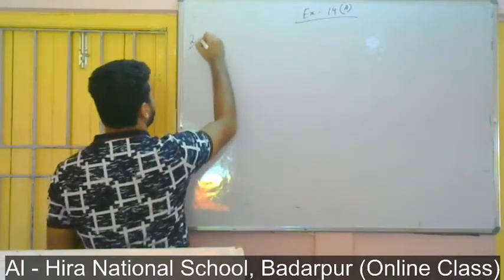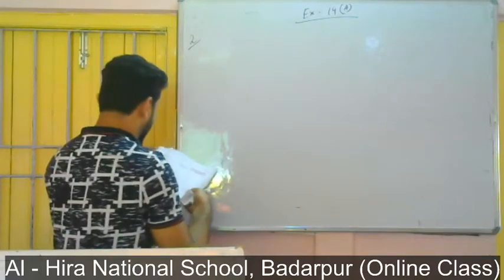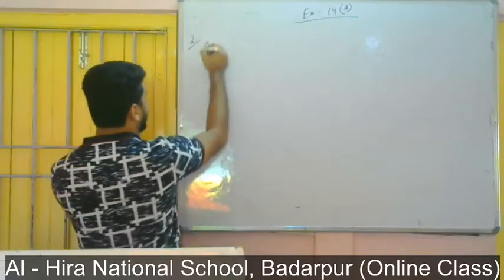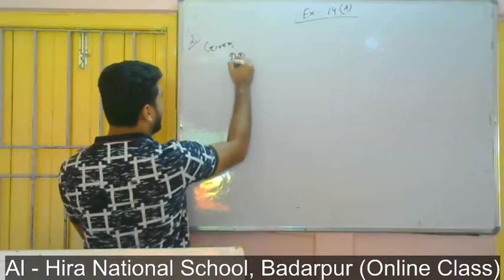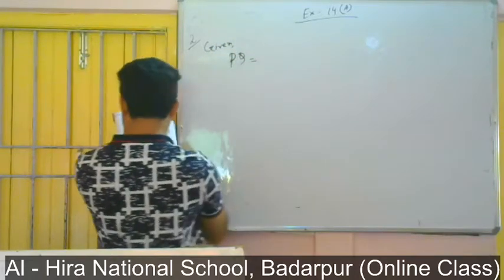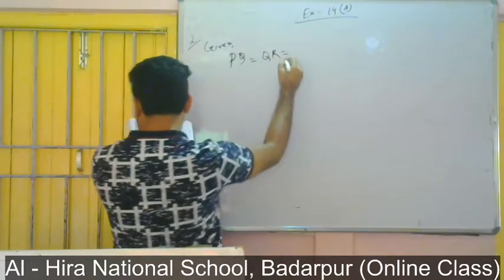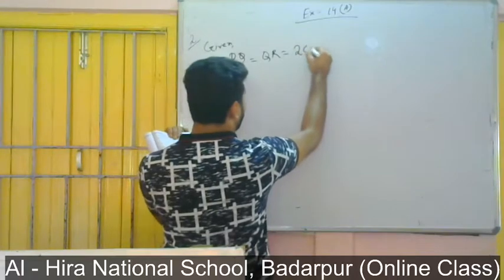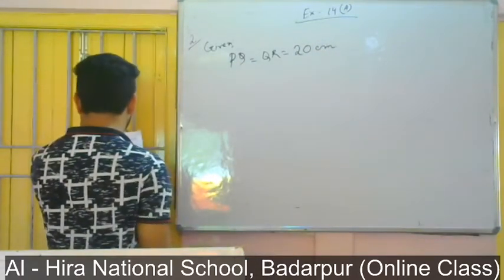Question number 2, you see what is given: PQ equals QR equals 20 centimeter.